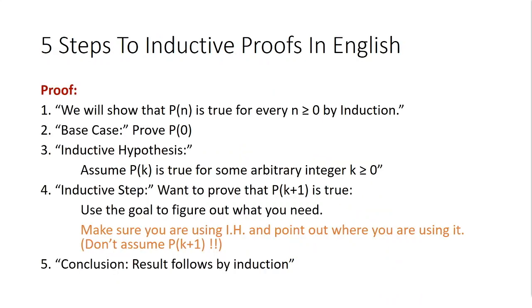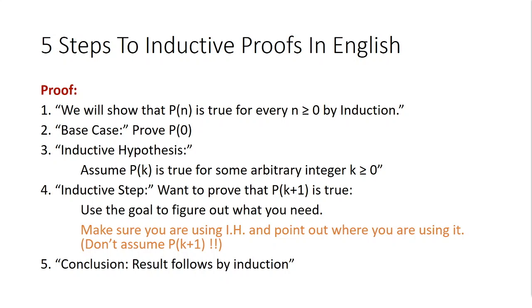Okay, let's look at this page. This one explains those equations in English. So the first step, I said, is your question. So we will show that P of n is true for all numbers n greater than or equal to 0 by induction.